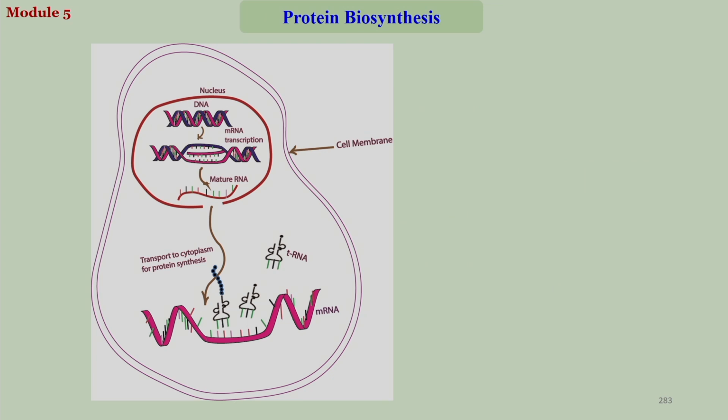Here is the process of how it comes out of the cell. This is the nucleus, you have the DNA here, and this double helix DNA is used to synthesize an mRNA, which is this, and then when the mRNA is synthesized, it gets matured. I will show you what the process is.